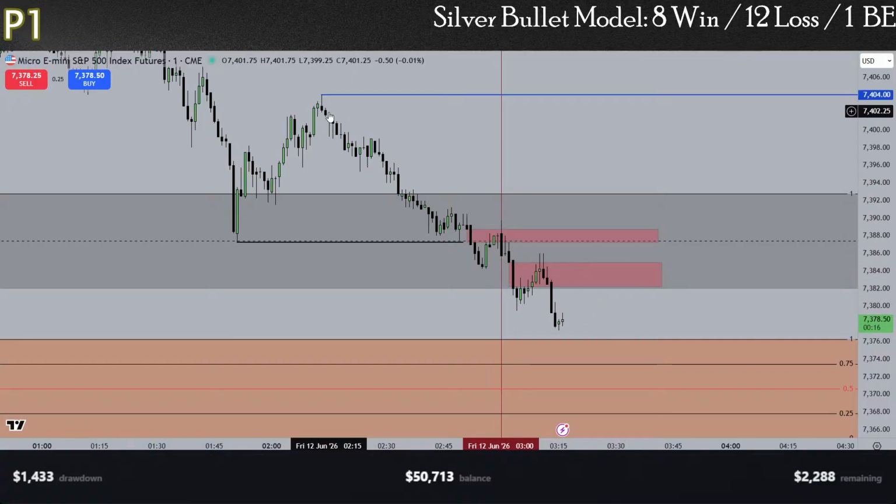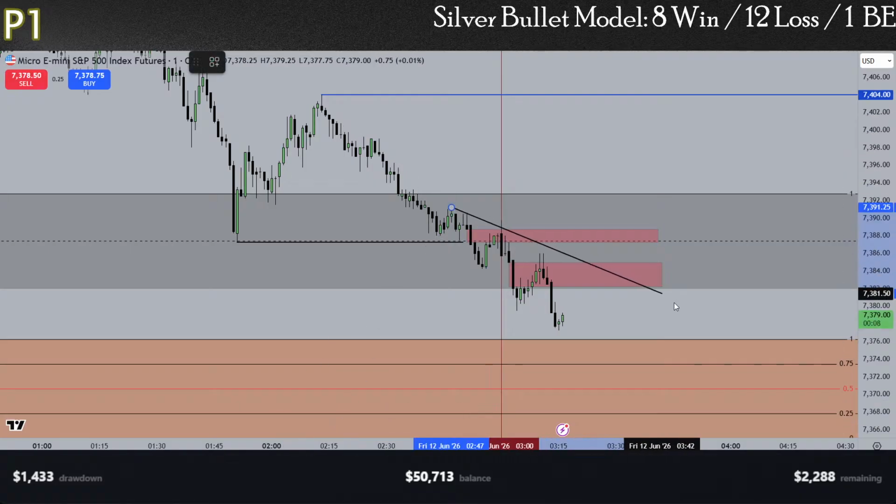Plus there is a lot of this trend line phantom type of sell side liquidity, I mean buy side liquidity, that's resting above those trend line type of liquidity.